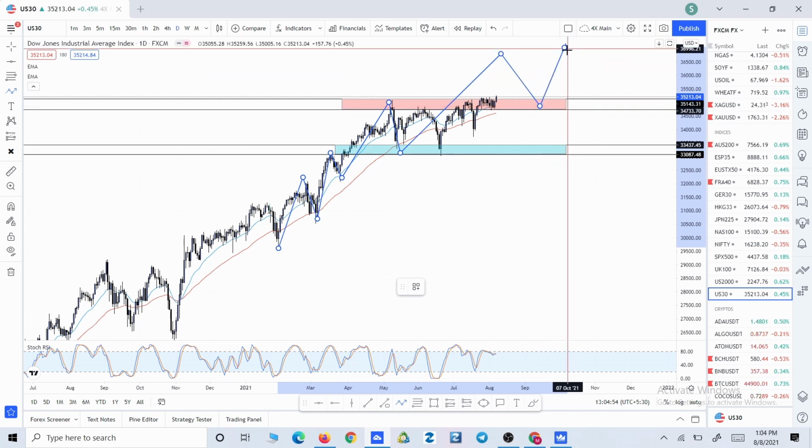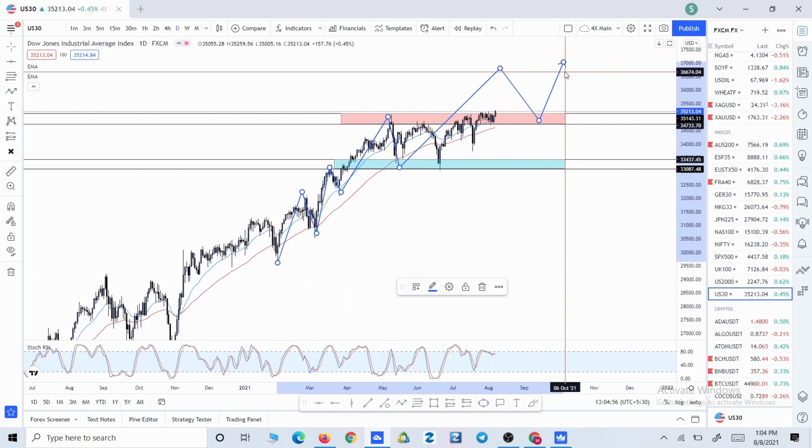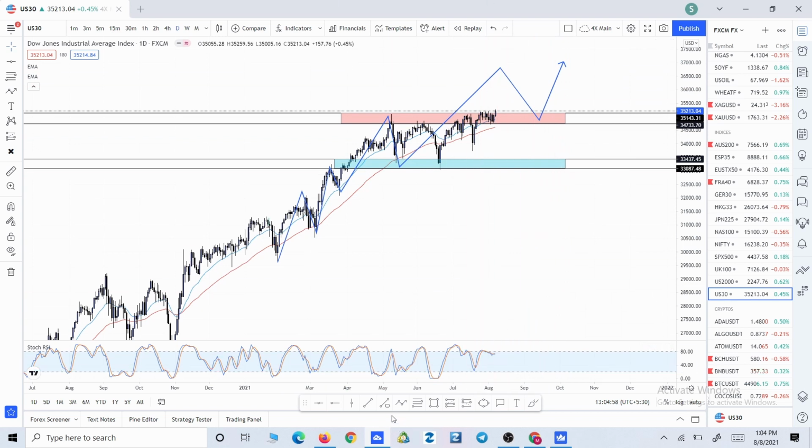That can be the first one. Otherwise, we can also wait for price to retrace back lower into the previous lows, and based on any kind of indications to go long, we can look for a long trade. So these are the two possible scenarios on US 30 as well.